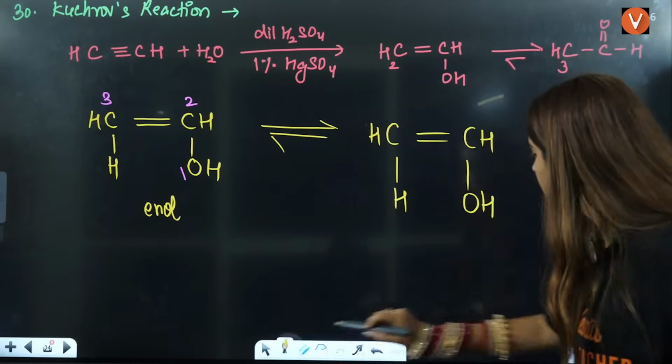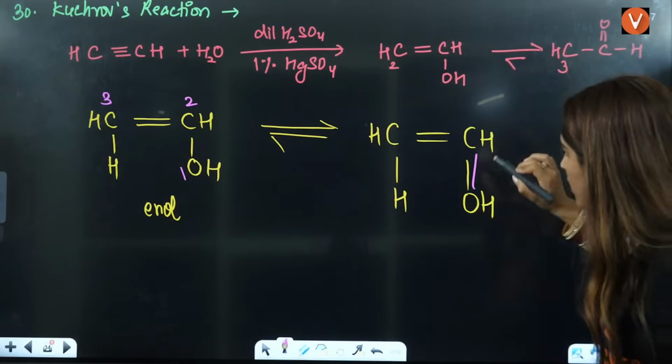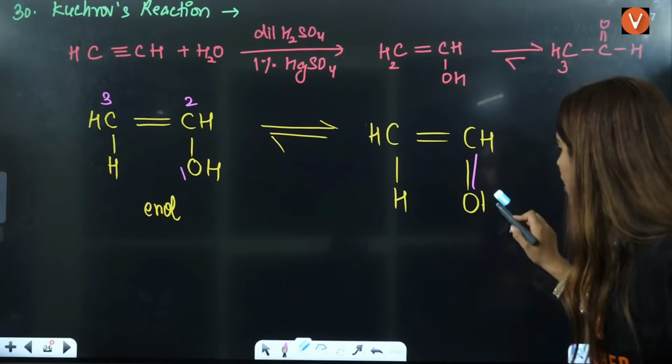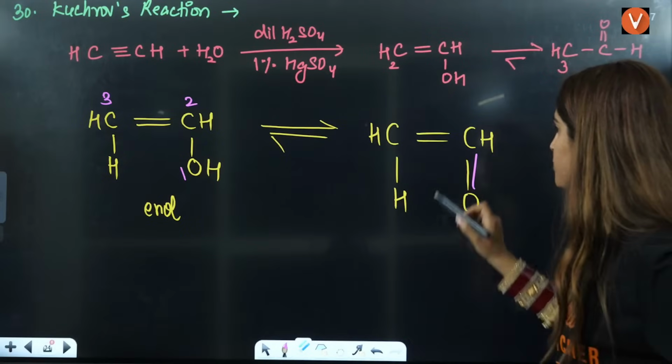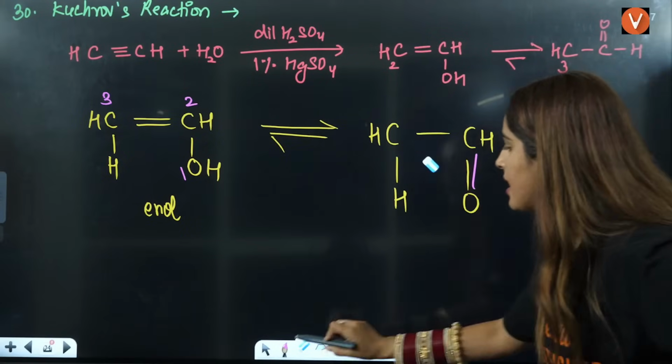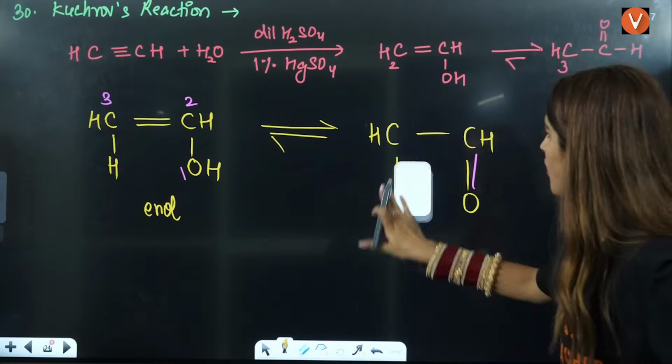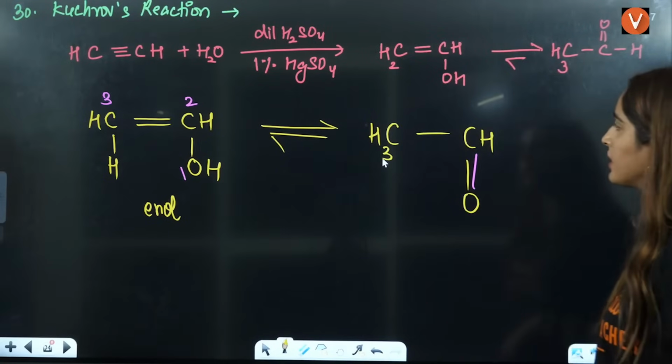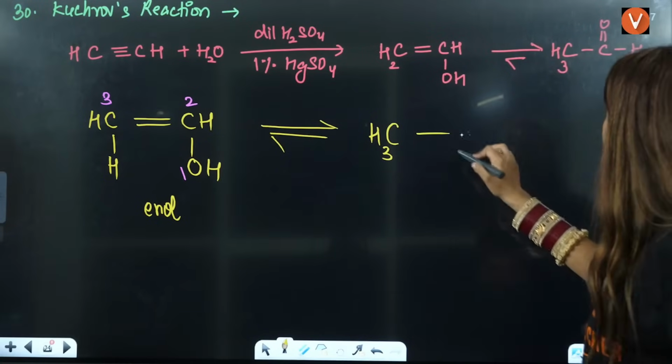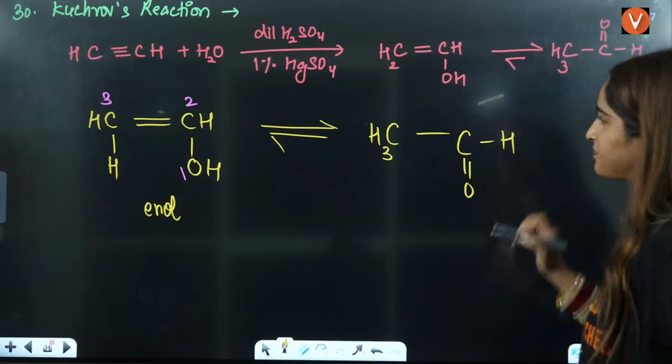That means the double bond will now be in 1 and 2. Shift this hydrogen from this position to this position. Okay, break the double bond here and shift hydrogen here. Okay, so you will have CH3. This will be the final answer, that is C double bond OH.